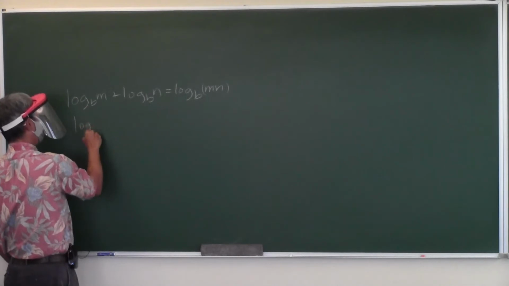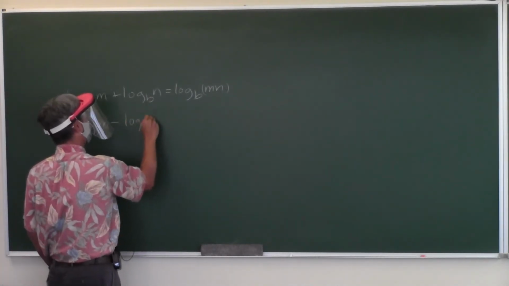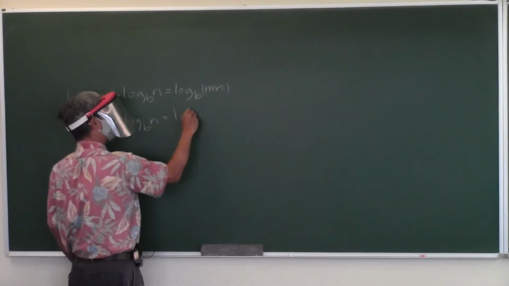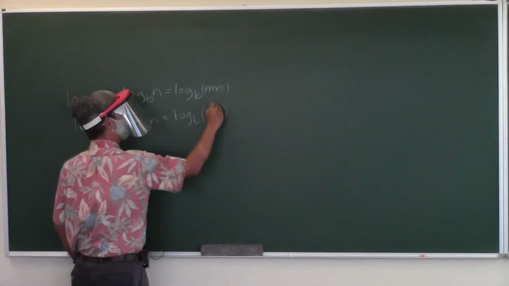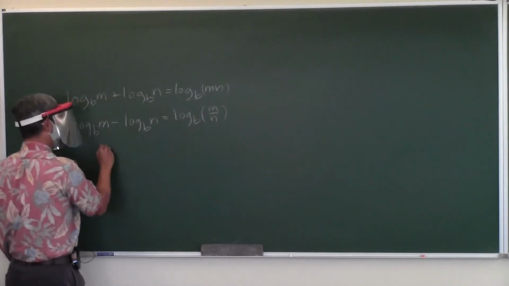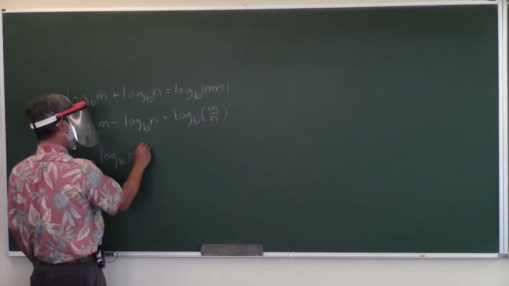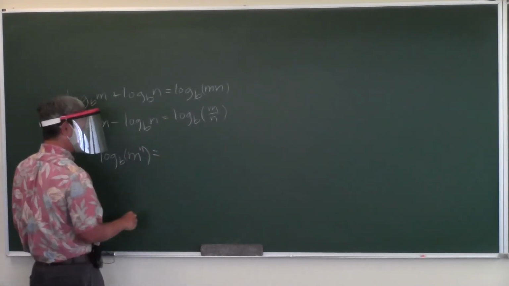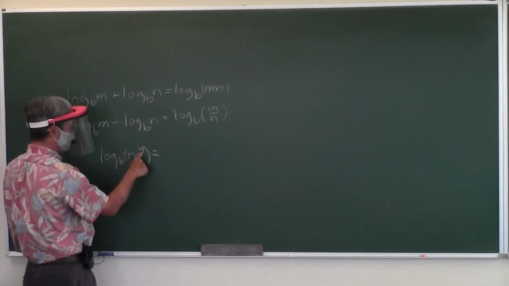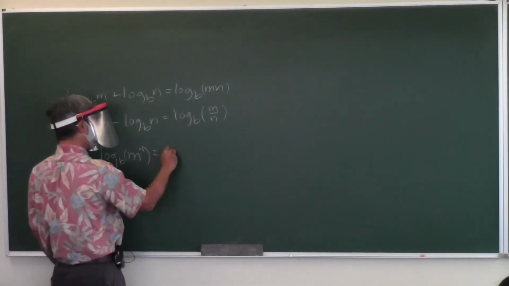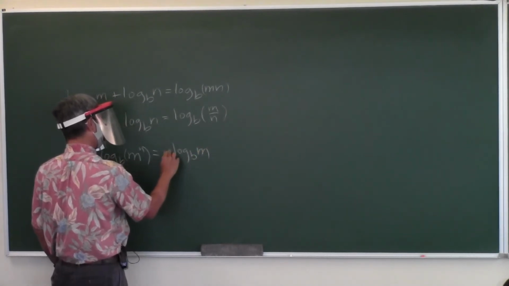Log base b of m minus log base b of n is equal to log base b of m over n. Log base b of m to the nth power is equal to? What happens when you have a power? You can put it in the front. Every year students remember this one.